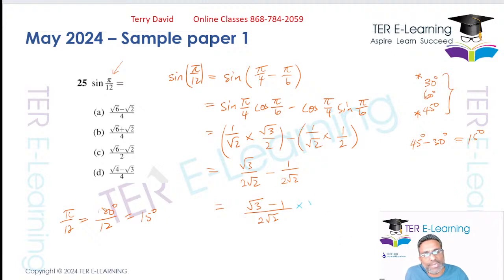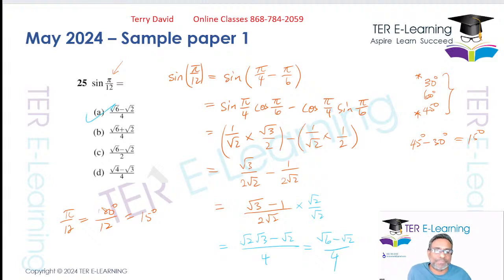You multiply top and bottom by root 2. On top you're going to get root 2 root 3 minus root 2, all over 2 root 2 by root 2, which will give me 4. Then on the top you can write this as root 6 minus root 2, all over 4. So I'm getting A as the answer.